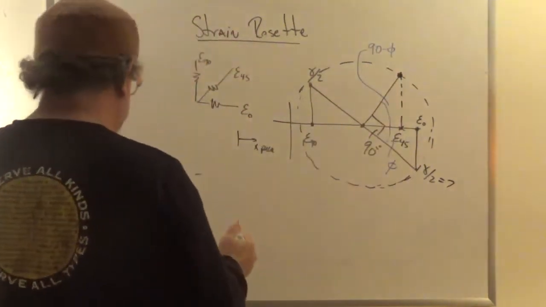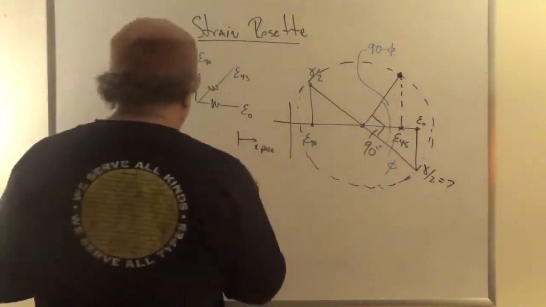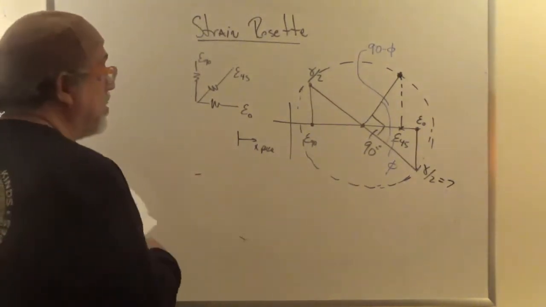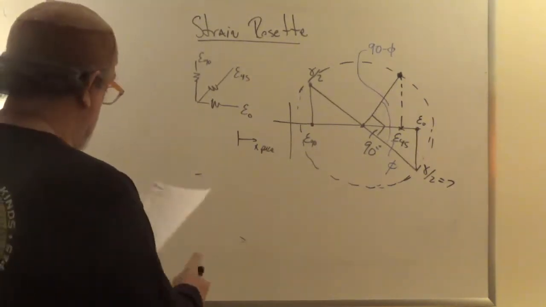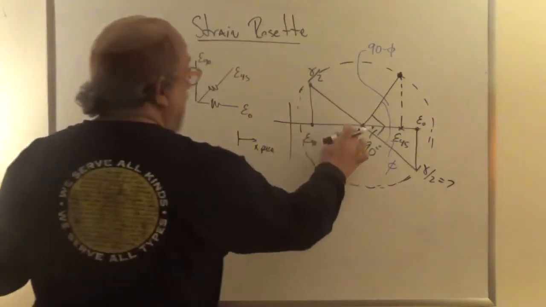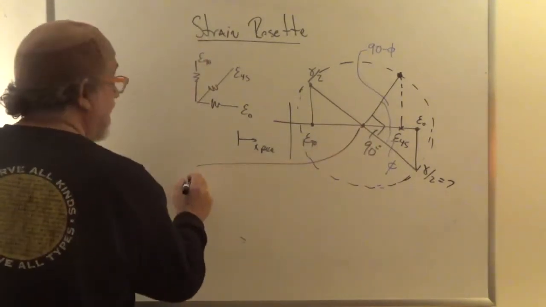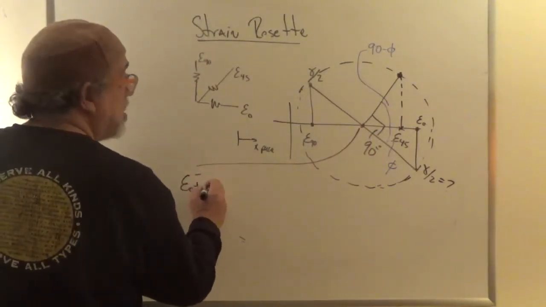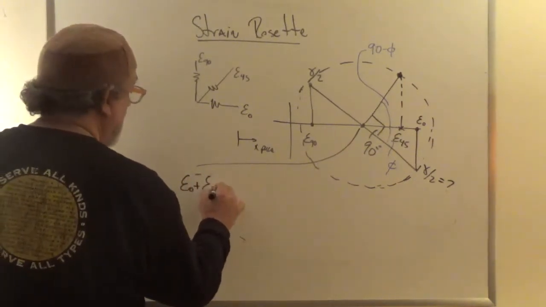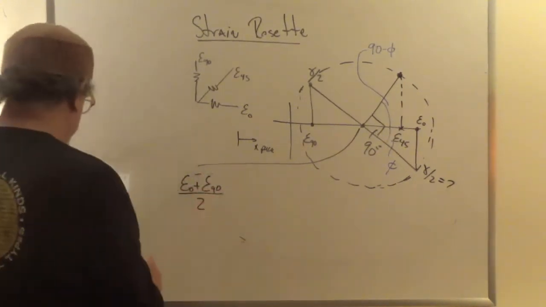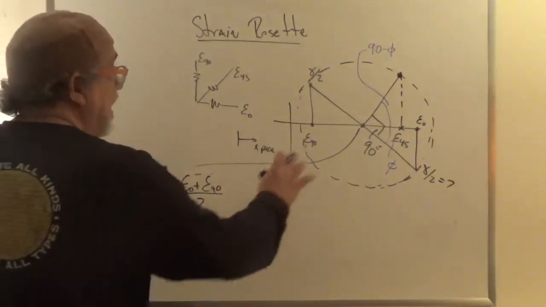And so we can see that, I'll just write it down because I'm sure that you guys can follow very well. This coordinate here is E0 plus E90 divided by 2, right? And that's that coordinate.